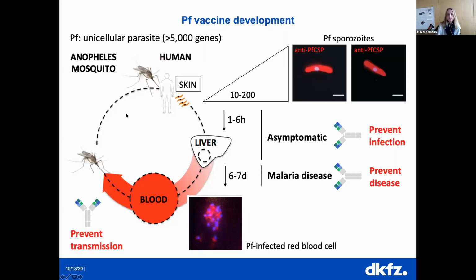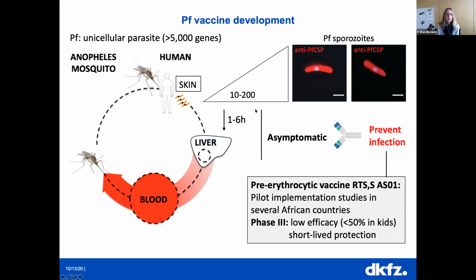However, so far only a single candidate made it successfully through a clinical phase 3 trial, which was conducted in many African countries. The vaccine candidate is called RTS,S. It comes in an adjuvant called AS01. This trial was conducted with 15,000 kids, but it showed relatively low efficacy of less than 50% and also short-lived protection, suggesting that this vaccine should be improved in order to mediate good protection.